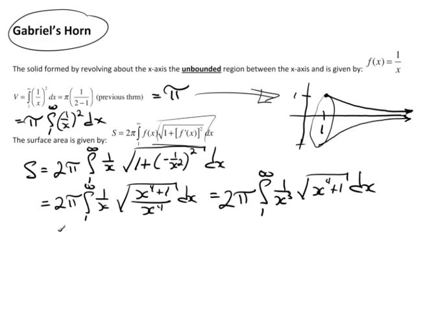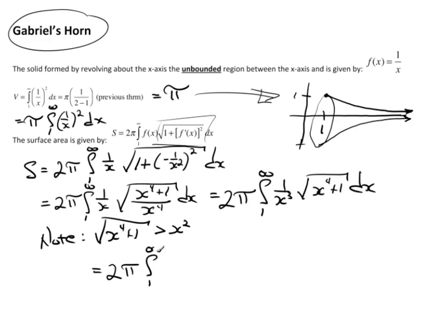So I'm going to say note, square root of x to the fourth plus 1 is actually greater than x squared. So if I substitute x squared in there, I'll end up with 2 pi times the integral from 1 to infinity of x squared over x cubed dx.